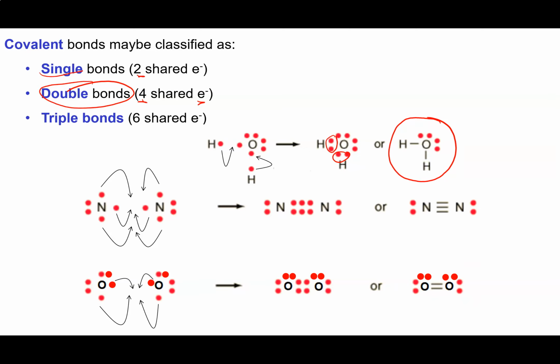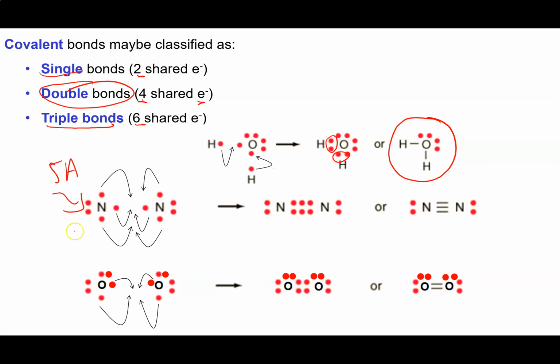We can actually share up to 6 electrons. We don't ever see quadruple bonding. When 6 electrons are shared, we get what we call a triple bond. Nitrogen's in group 5A, and again, we know that nitrogen is one of our diatomic elements. Every atom of nitrogen has 5 valence electrons, and it's got 3 unpaired dots.